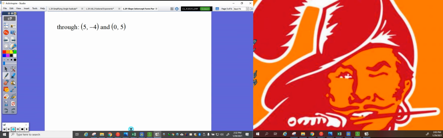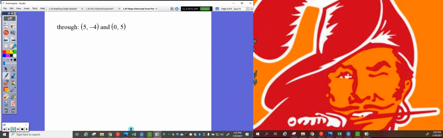So it's going to be -4 minus 5. Minus 4 minus 5 is -9. If it's the same sign, you add but keep the negative. And then 5. So that's our slope. Okay?